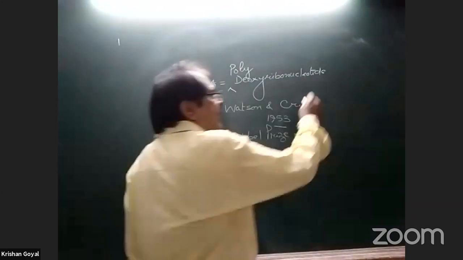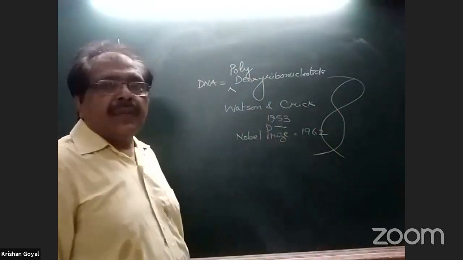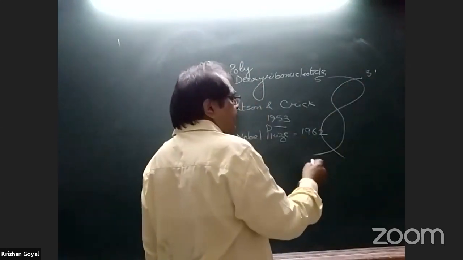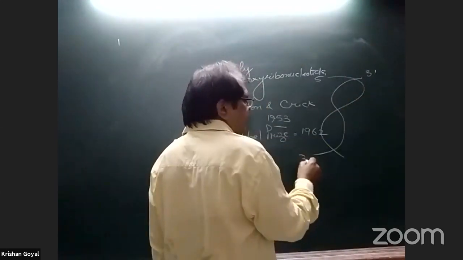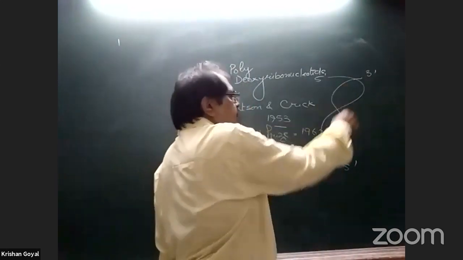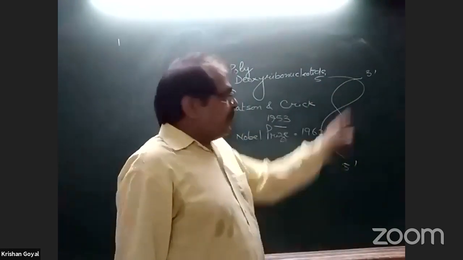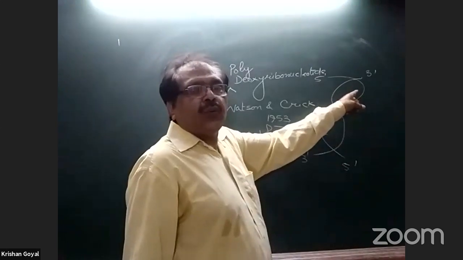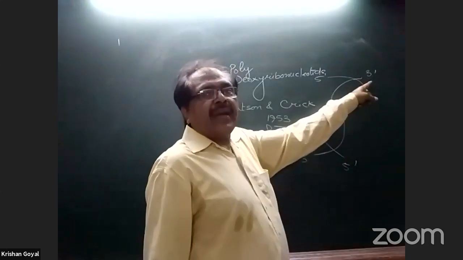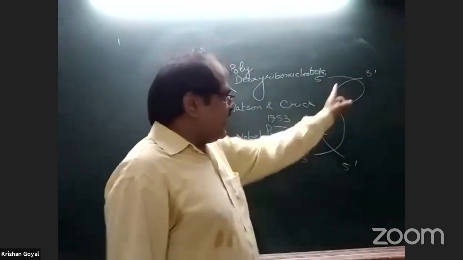A molecule of DNA is a double helical structure with 5' and 3' ends. What do we mean by 5' and 3'? It means the last molecule is connected to the carbon atom at the 3 position of the deoxyribose, and here it is at the 5 position.